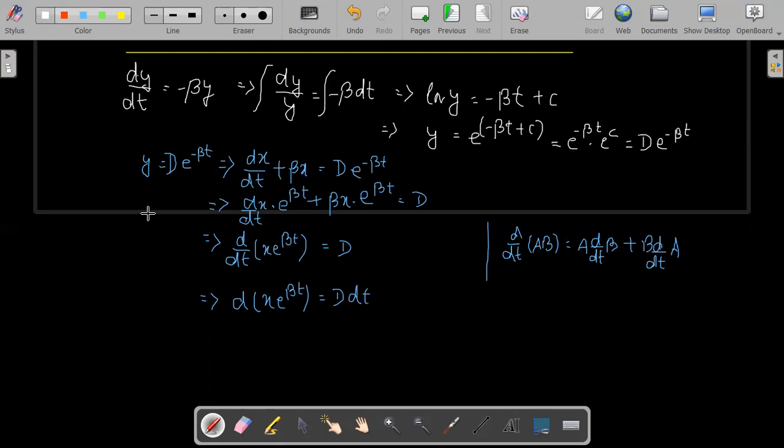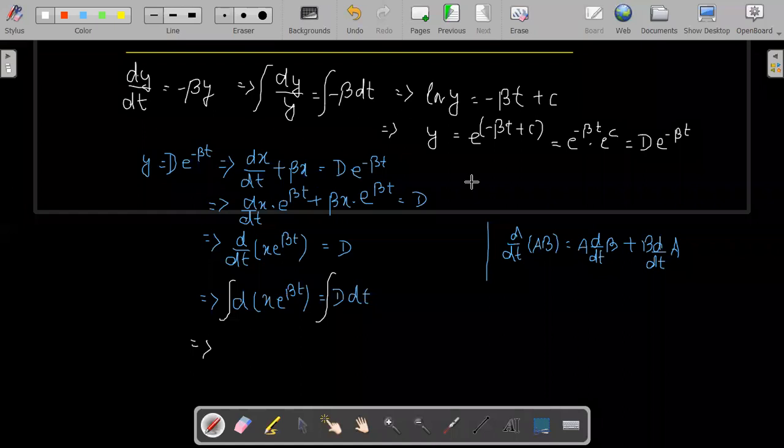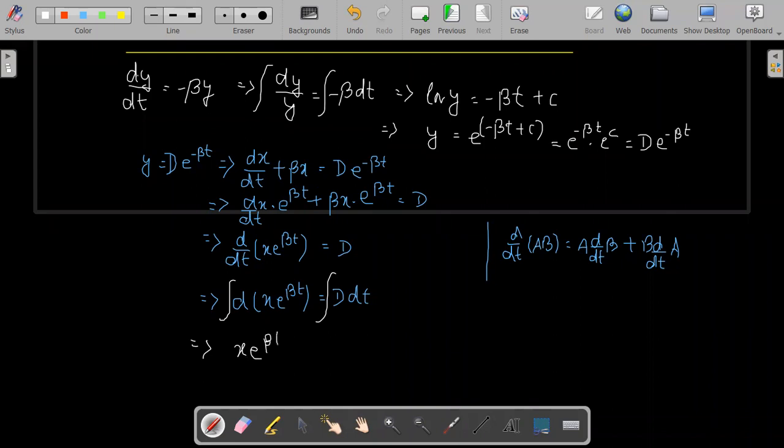Now, if we integrate this, it is going to be very simple. You are going to get x e to the power beta t is equal to D integration of dt, which is t, plus a constant, let's say E.